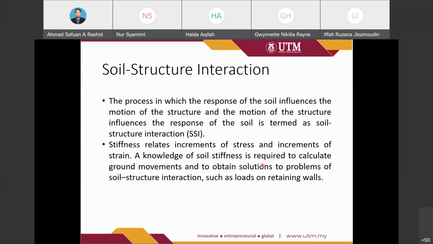This is just one example. So we need information on the soil stiffness to calculate the ground movement in soil structure interaction.